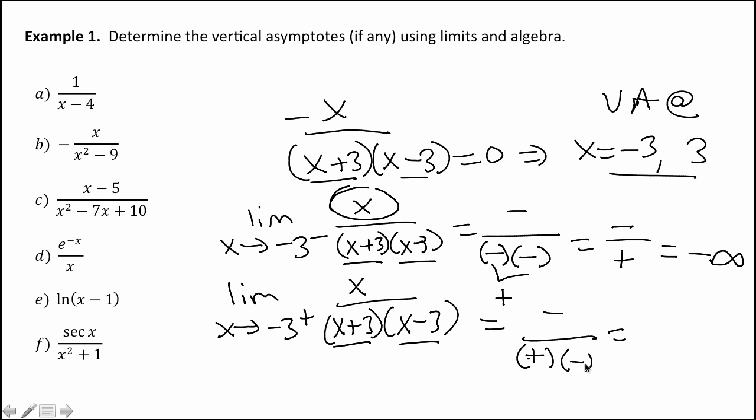So a positive times a negative is negative, and negative divided by negative is positive, so this is going to be positive infinity. That means the overall limit as x approaches negative 3 does not exist because both of these are different. And you can use the same exact approach for the limit as x approaches 3 from the left and right sides.